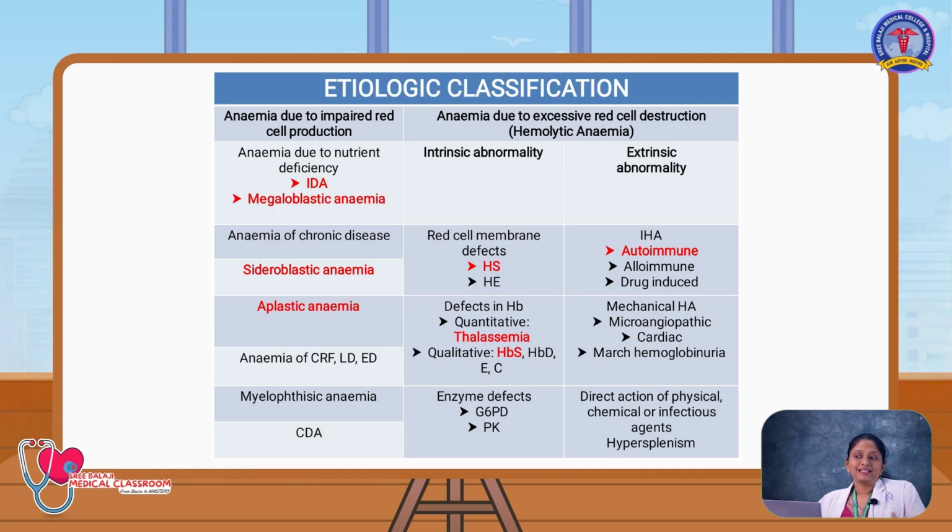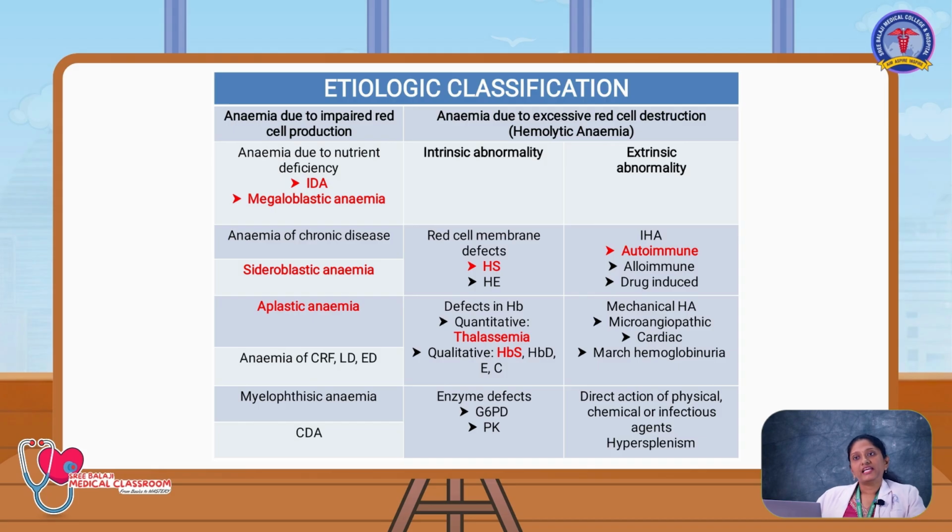When we say the extrinsic abnormality, it is immune hemolytic anemias. Immune hemolytic anemias are autoimmune, alloimmune and drug induced. In autoimmune hemolytic anemias, antibodies are developed against self antigens, and certain types of drugs can produce antibodies against the self antigens, which can lead to hemolytic anemia.